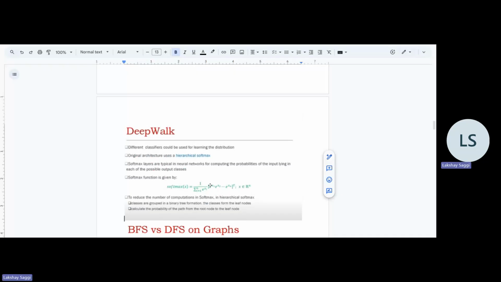The first coordinate is e raised to the power x1, the second coordinate is e raised to the power x2, till the nth coordinate is e raised to the power xn. And this is normalized by summing e to the xi over i from 1 to n. So x is an n-dimensional vector and softmax of x is also an n-dimensional vector. The first coordinate is e raised to the power x1, the second coordinate is e raised to the power x2, and so on.